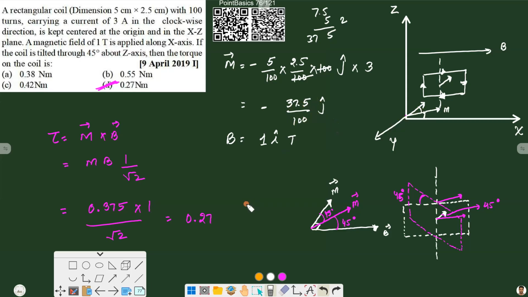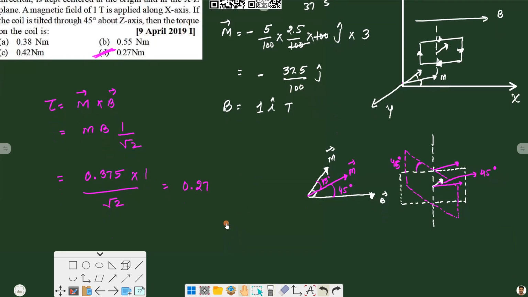So we can write it like this, I'm only writing the direction. Initially it was in the minus j, and now one component of the magnetic dipole moment will be in the x direction, and one component in the negative y direction. After rotation, the direction will be i by root 2 minus j by root 2.